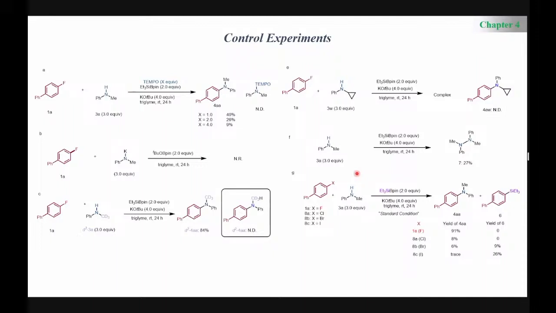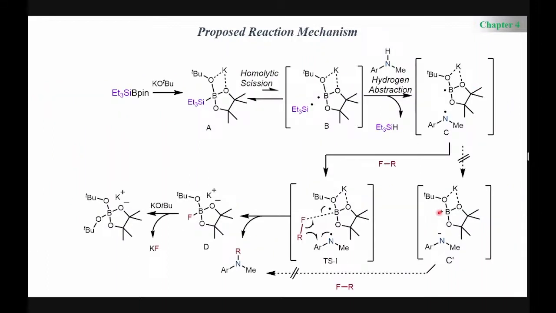In addition, to evaluate chemoselectivity of this protocol, when other halide substituents were used, it turned out chlorine, bromine, and iodine only gave very low yields of these other products, which demonstrates this reaction has an excellent chemoselectivity. Based on our previous works, once again, we proposed a similar radical-mediated reaction mechanism.